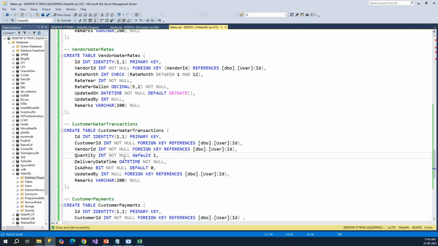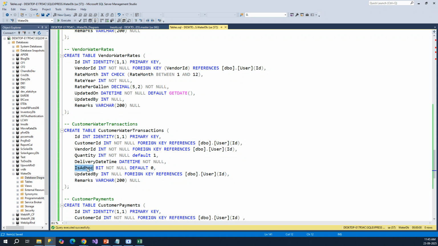Then delivery time, on which day and time the gallons were delivered. And this is the ad hoc column. Sometimes there are customers who are not actually mapped to a vendor. Let's say vendor 1 is giving water gallons to customers 1, 2, 3, 4, and 5, and customers 6 to 10 are taking from a different vendor.